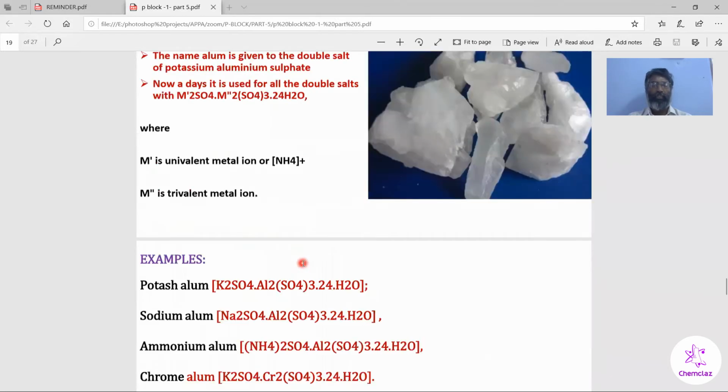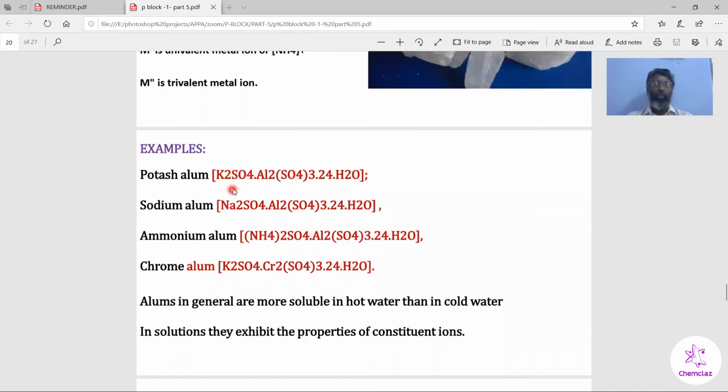Examples: potash alum, K2SO4·Al2(SO4)3·24H2O. Sodium alum, Na2SO4·Al2(SO4)3·24H2O. Ammonium alum, (NH4)2SO4·Al2(SO4)3·24H2O.